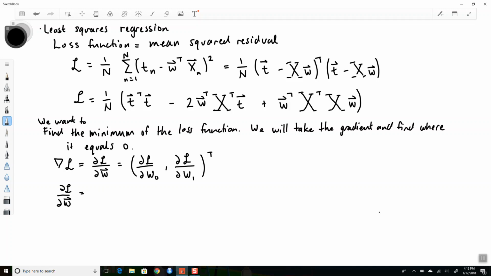I will go ahead and distribute the 1 over n on everything.